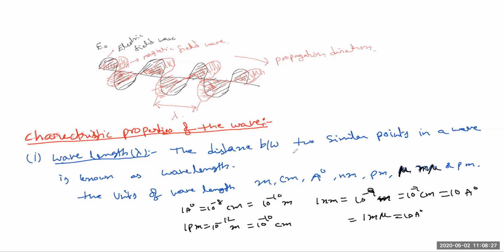Next, the second characteristic property is the frequency.